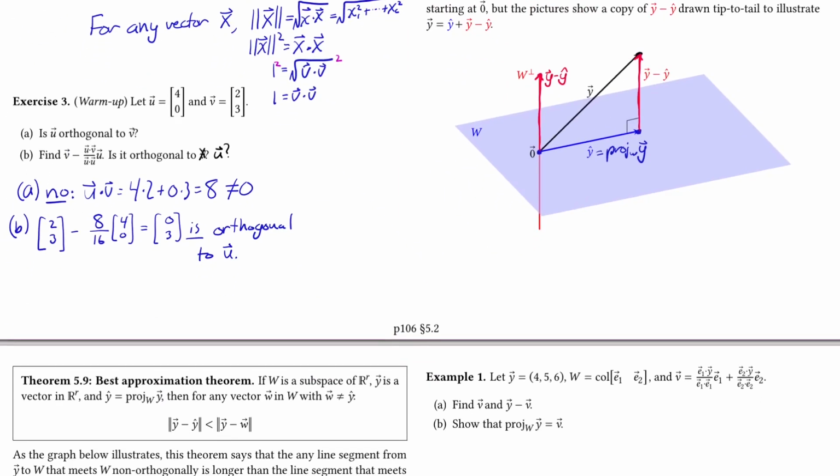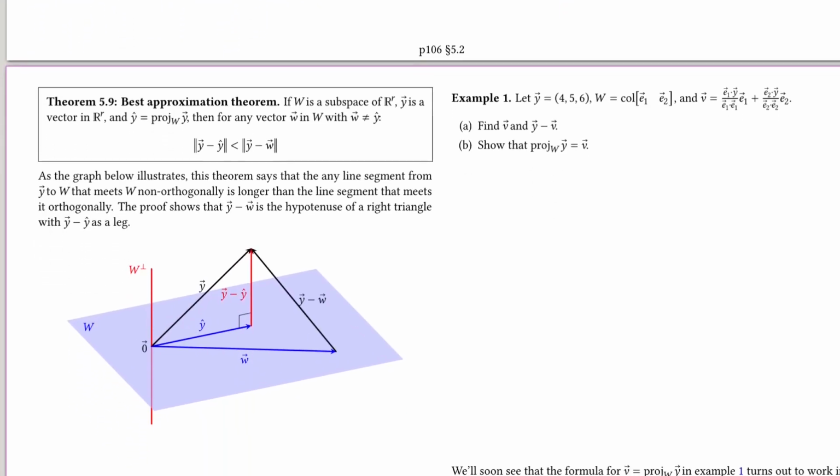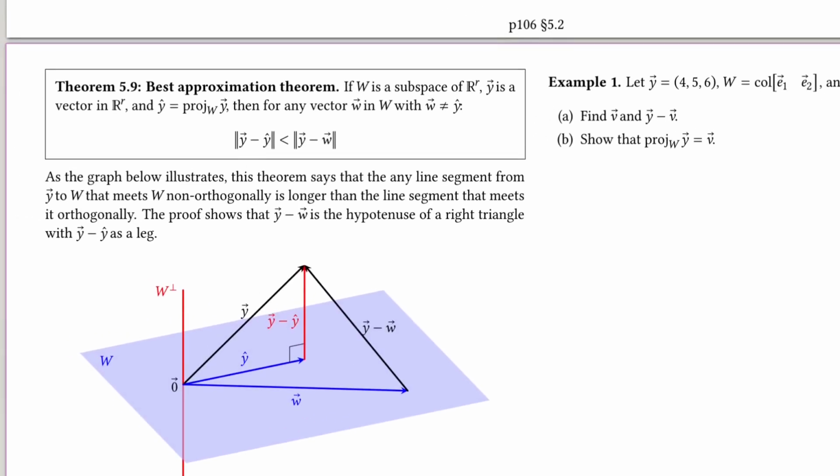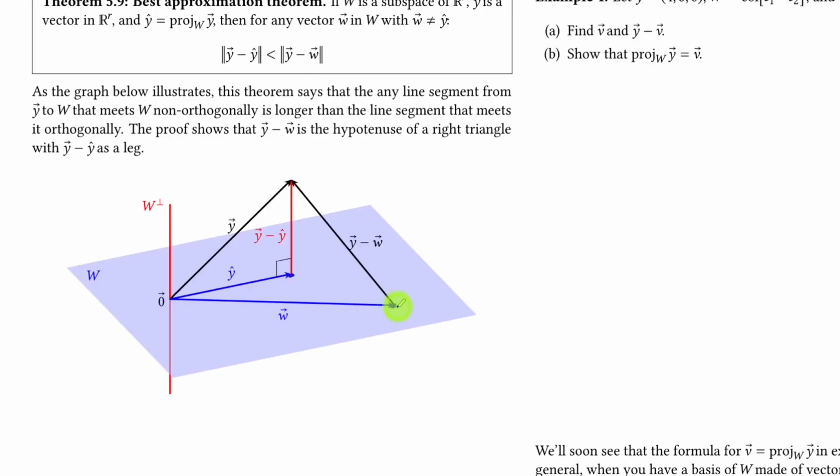Now let's look at theorem 5.9. This says if W is a subspace of R^n and y is any vector in R^n, and y hat is the projection onto W of y, and again that means y hat is the unique vector in W that makes this perpendicular, then for any vector w in the subspace W that is not equal to y hat, like any other vector over here, the distance from y to y hat, the length of that orthogonal vector there, is going to be less than this distance.